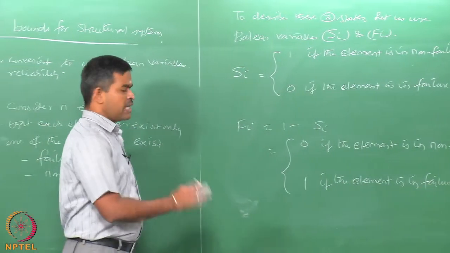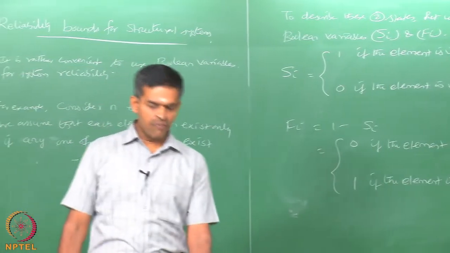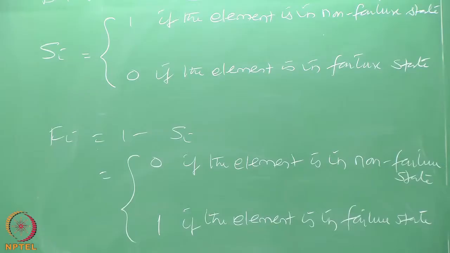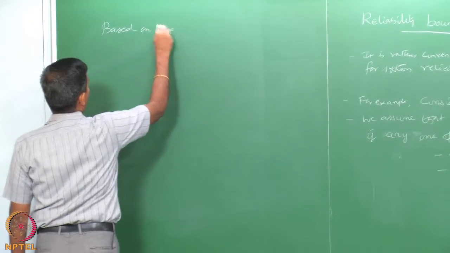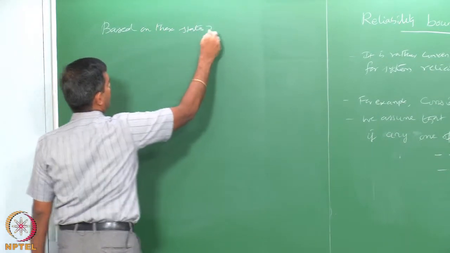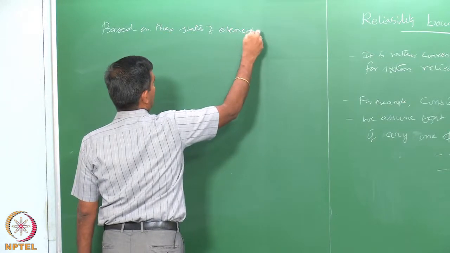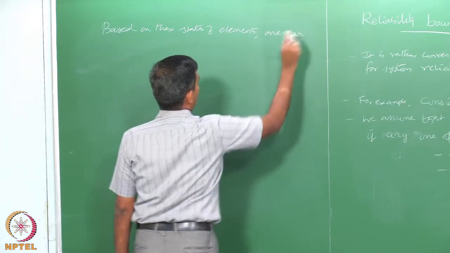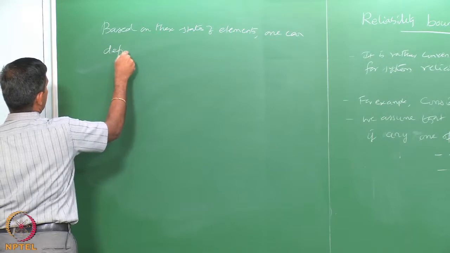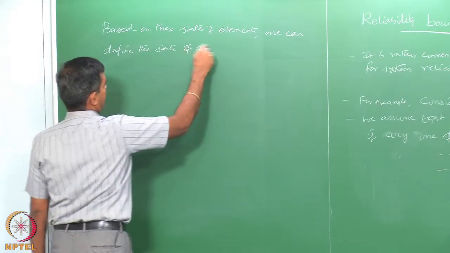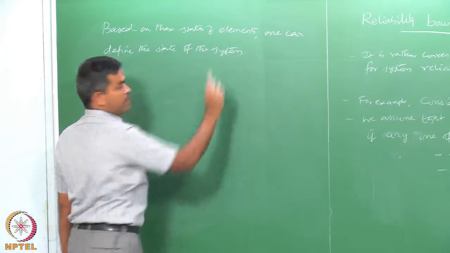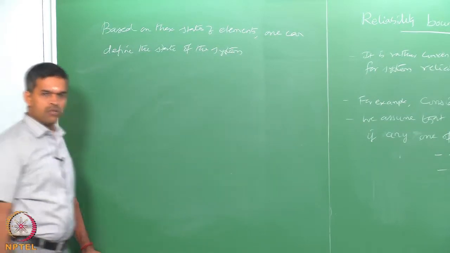Now, based on these states for elements, one can define the state of the system. State of the system using Boolean variables.